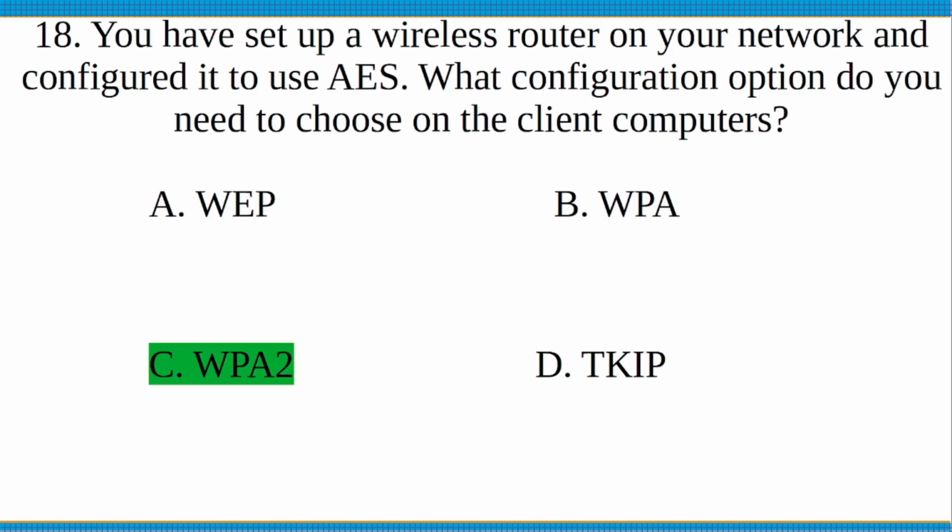The answer here is WPA2. If your router is using AES, the client needs to use WPA2. TKIP is a protocol utilized by WPA, and WEP is the weakest of the encryption options.